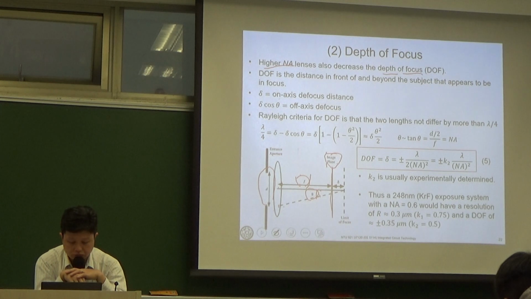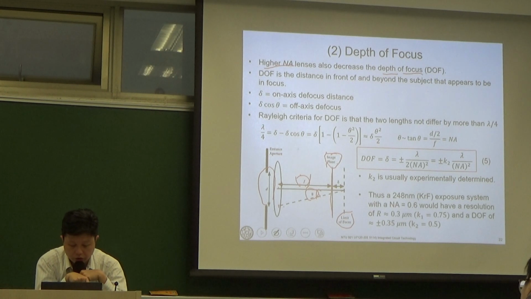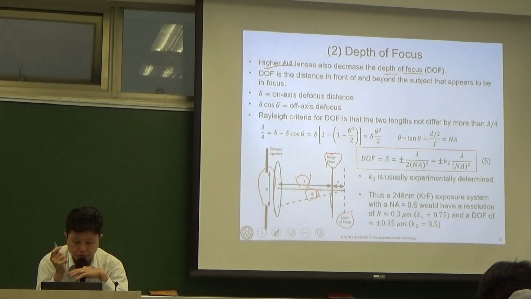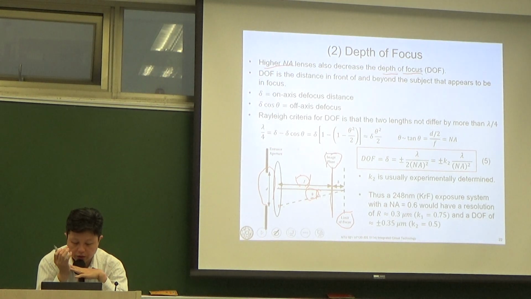If there's an offset of your image plane, let's say to this dashed line here, we call it delta. We want to find this delta because that's the allowable depth of focus within which we can place our image plane. Here the dashed line is the limit of focus, which means outside this delta distance, it is out of focus.